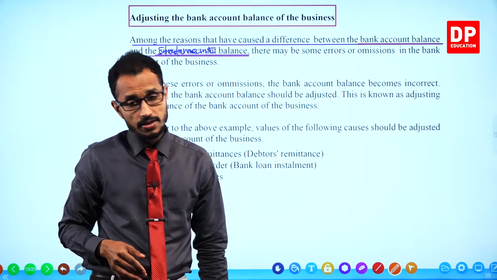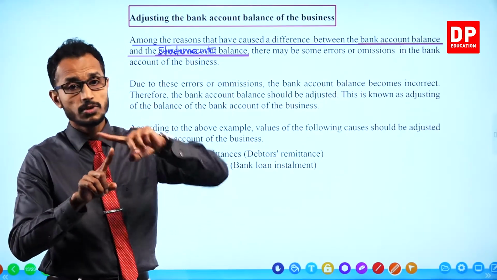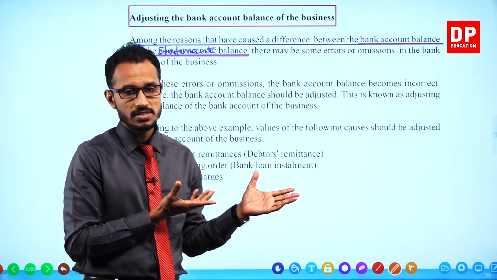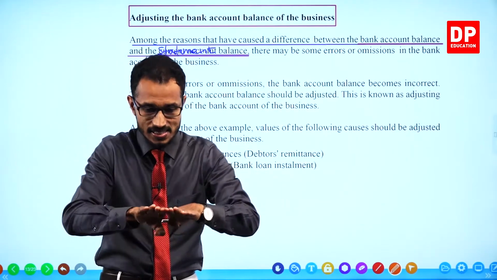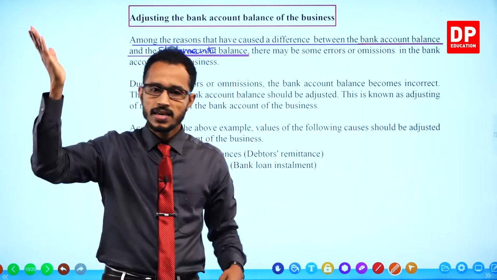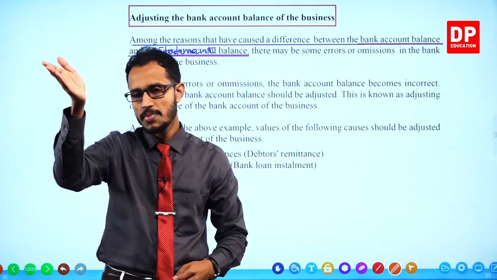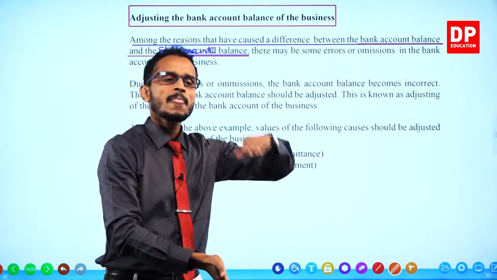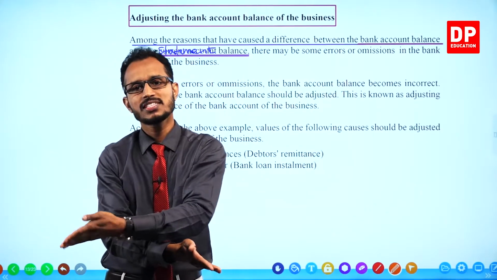We compared the bank account which was prepared by the business bookkeepers, the bank book of the business, with the bank statement in this manner. A cross check. Debit side of the bank book compared with credit side of the statement. Credit side of the bank book compared with the debit side of the statement.